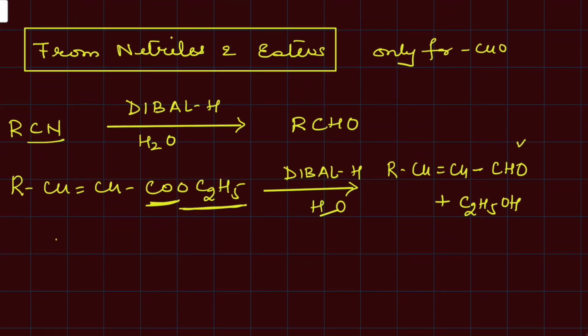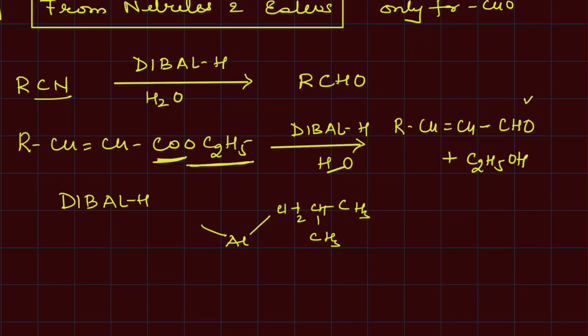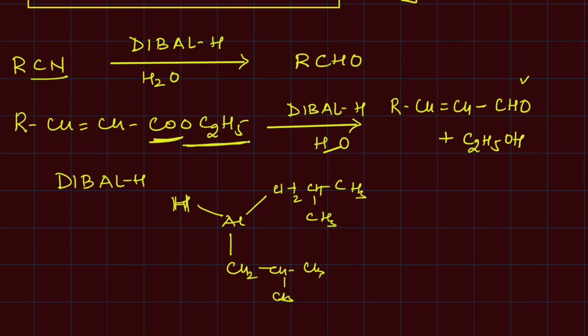Now DIBAL-H is aluminium diisobutyl hydride. So this is your isobutyl, we have two such isobutyl groups, and this is hydride. So diisobutyl aluminium hydride, this is your DIBAL-H.